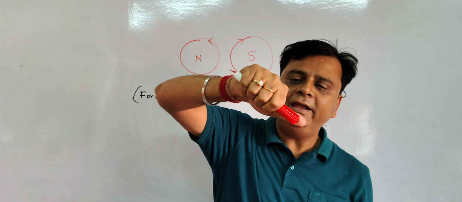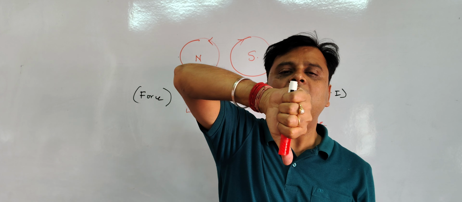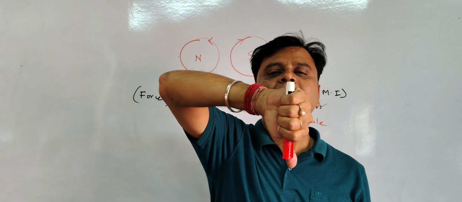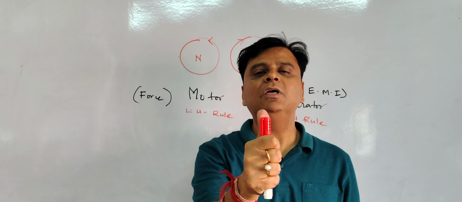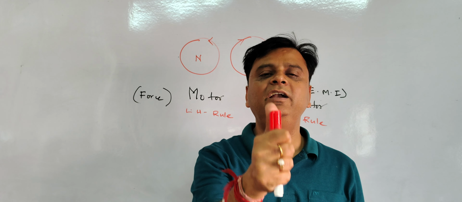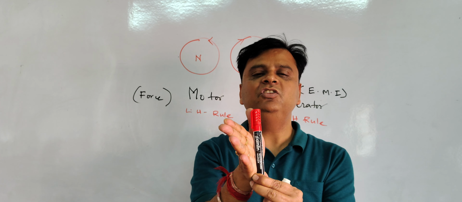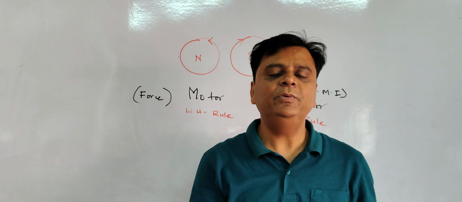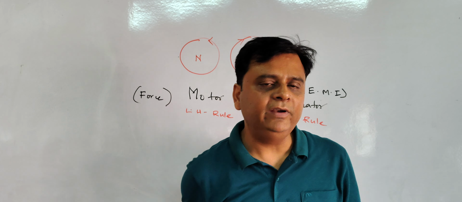If I reverse the direction of the current, then you can see the fingers are actually clockwise in this case, so the magnetic field is clockwise. When the thumb is in the upward direction, so the current is upward, the curling fingers are in the anti-clockwise direction. So this is the rule for finding the direction of the current and magnetic field.